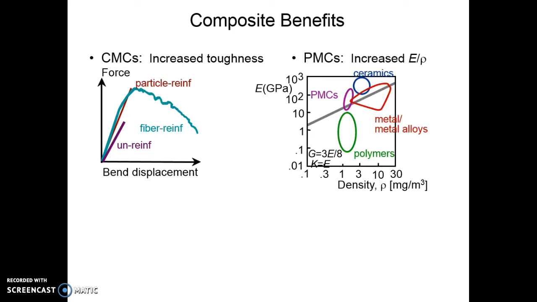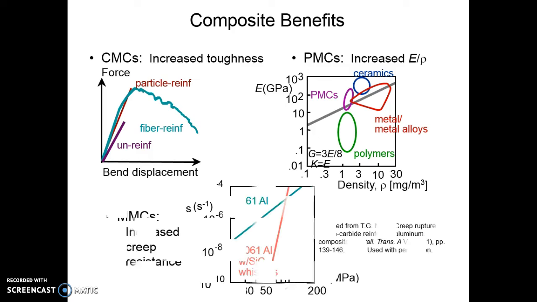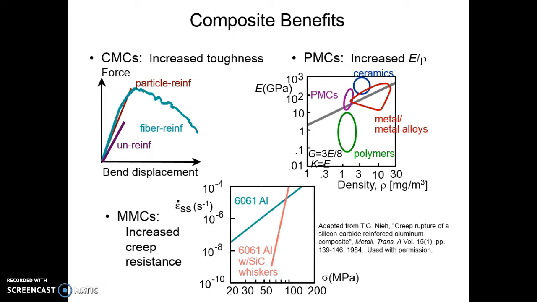And this is an Ashby plot for PMCs and ceramics exhibiting their different material properties, and for MMCs of different aluminium compositions with different reinforcement in the form of whiskers. We can see the properties and the benefits of using composite materials.